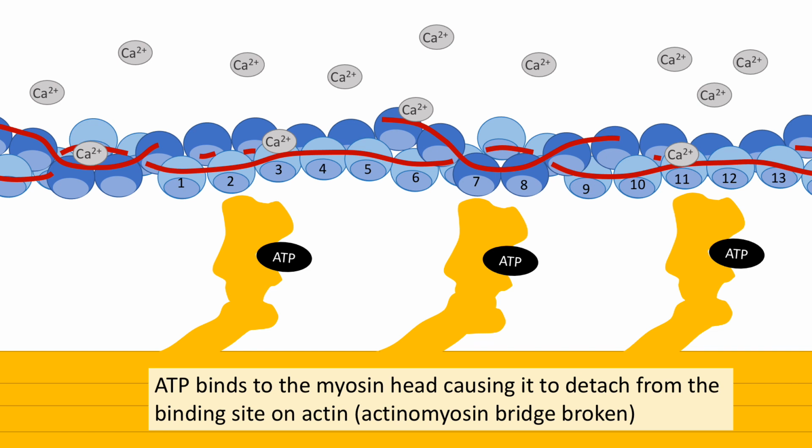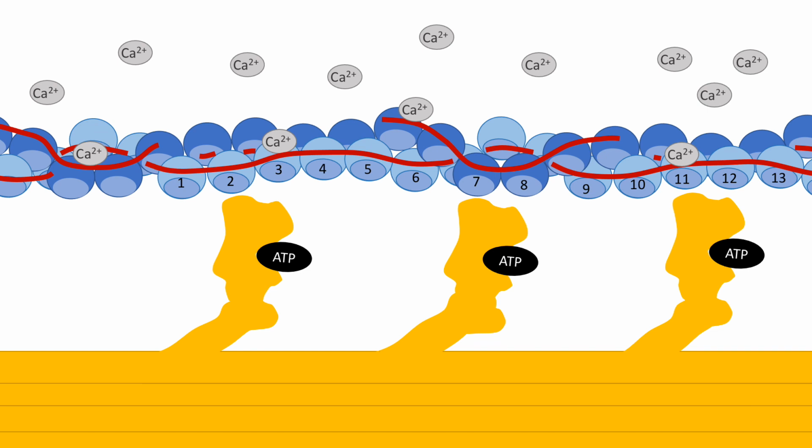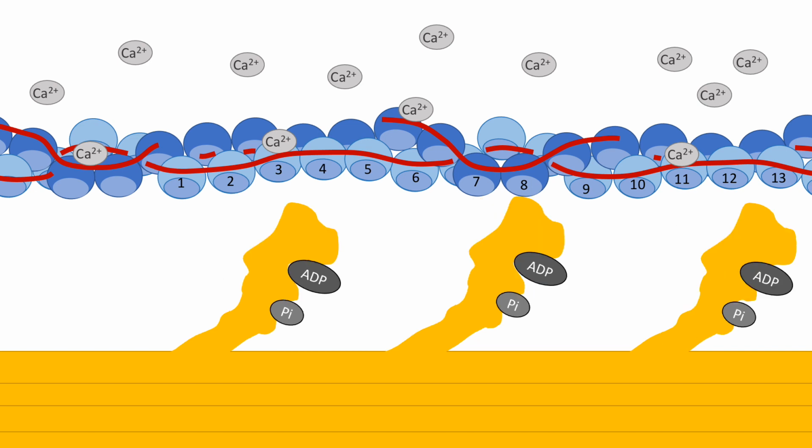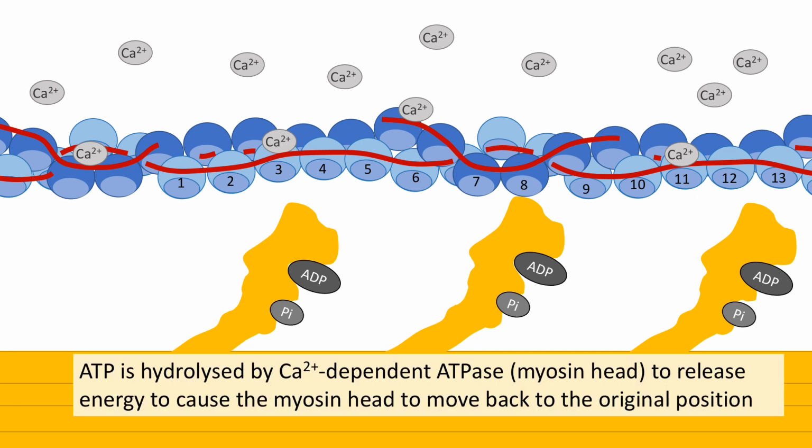So that actinomyosin bridge is broken because ATP binds to the myosin head. And that final step, hydrolysis of ATP to ADP and Pi by the myosin head, which is also an ATP hydrolase, ATPase, and it returns to that original position.